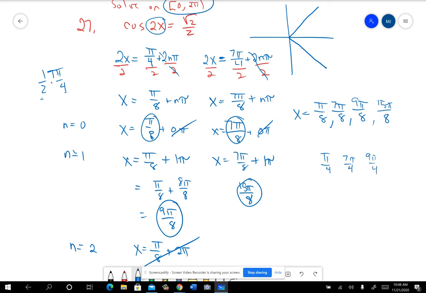And 2 times that would be 15 pi over 4. And when you look at that, here's pi over 4. Here's 7 pi over 4. Wouldn't 9 pi over 4 be back here? And wouldn't 15 pi over 4 be back here? Okay.